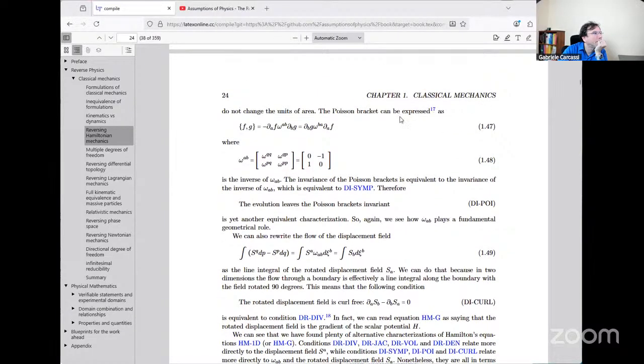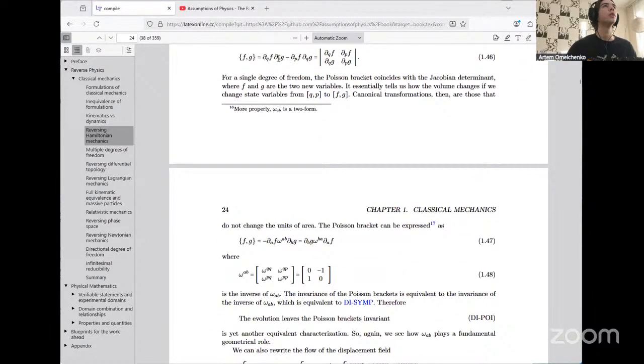The Poisson bracket can be expressed as, okay, what are we doing here? This is basically what was recalculated here. Instead of writing it like this, you use the omega again to calculate this 2 by 2 determinant. The only thing you have to be careful about is that you're going to get this minus sign, which you can also include by switching the indices A and B because it's antisymmetric.